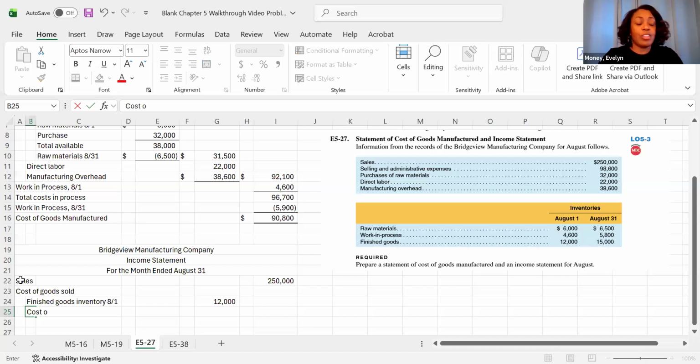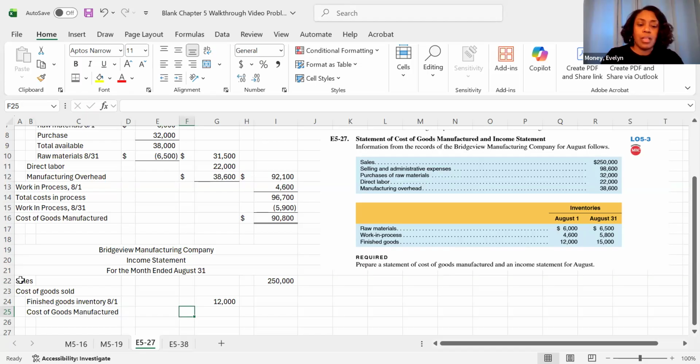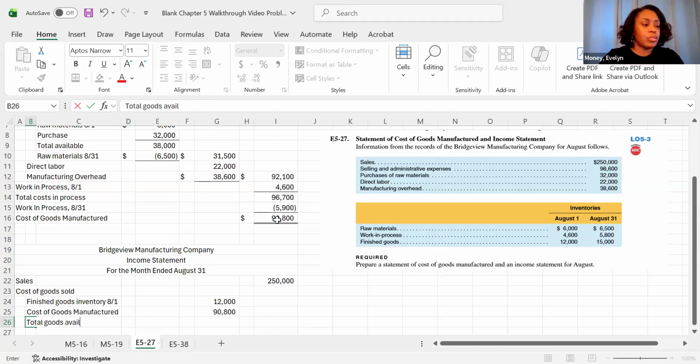And we're going to add in cost of goods manufactured, right there. And then that gives me total goods available. We add those two numbers together.